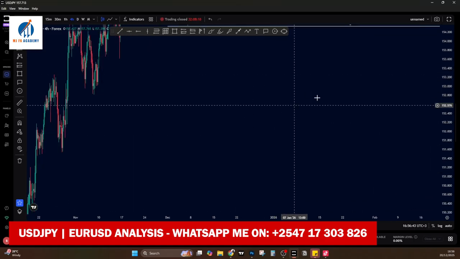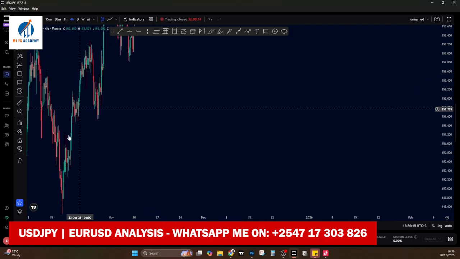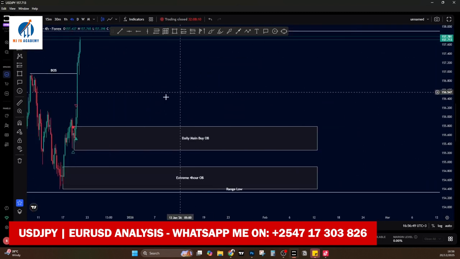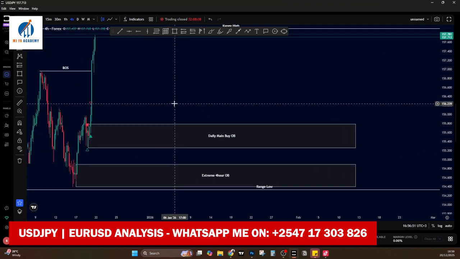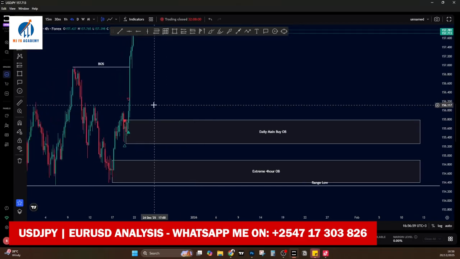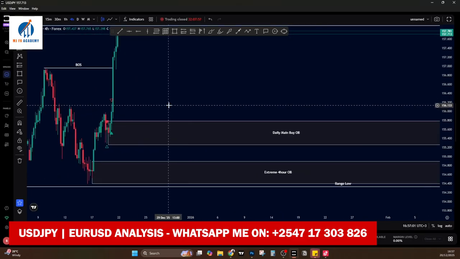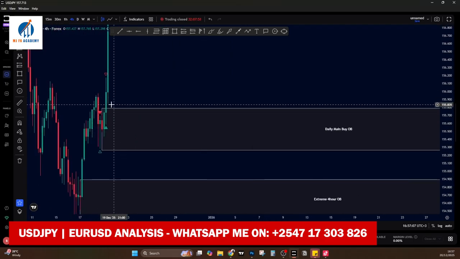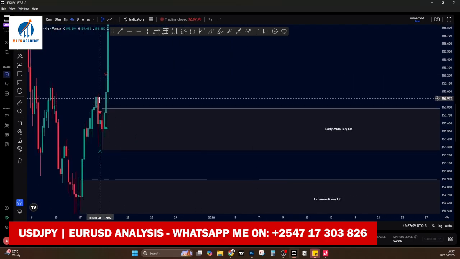But if the market goes lower, we still have open prices here that we can target. But for now, this is the 4-hour order block, and also in the 4-hour order block, remember we have this FVG and breaker block.